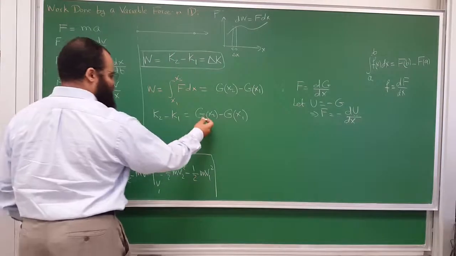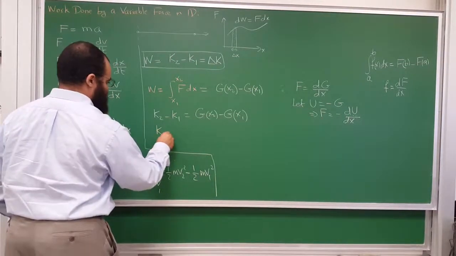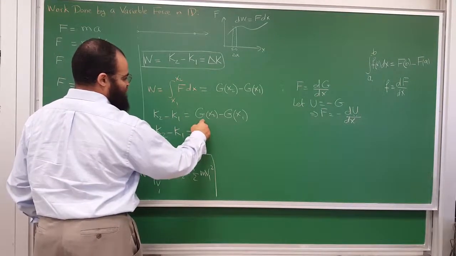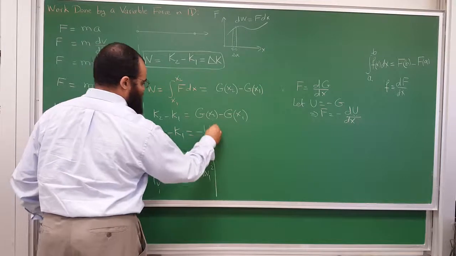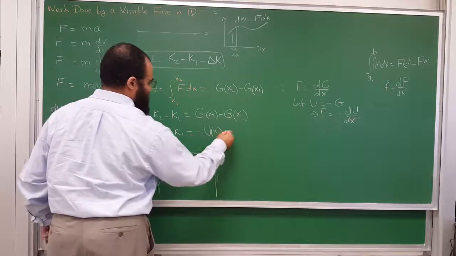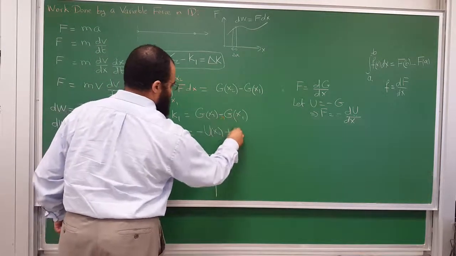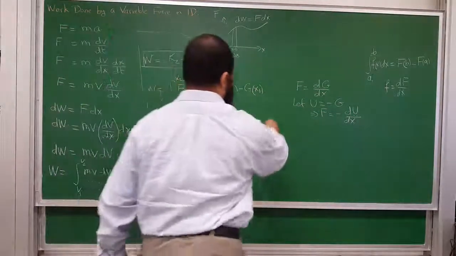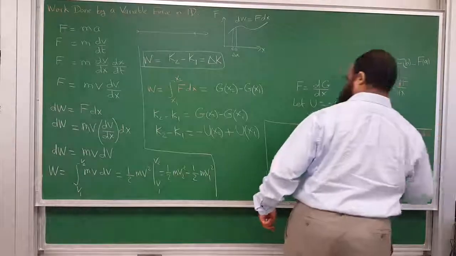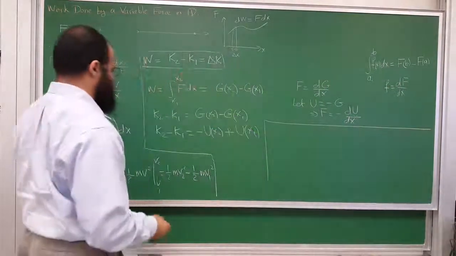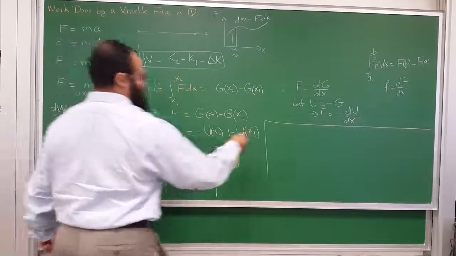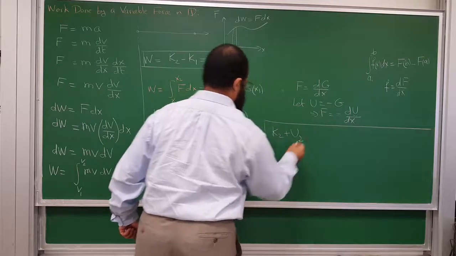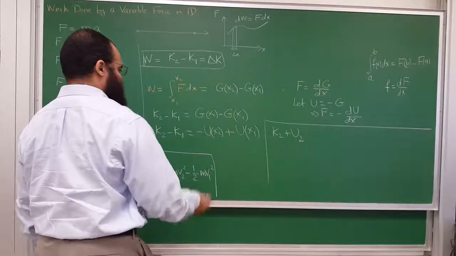So in terms of that U function, it will be K2 minus K1, and instead of G at x2, it will be negative U at x2, because U is negative G, and this one would be minus minus, so plus U at x1. And now you will see what I'm going to get to. You get something nice. Let's move this to this side. You will get K2 plus U2, instead of U at x2, it would be U2.